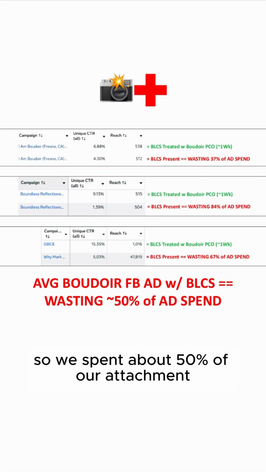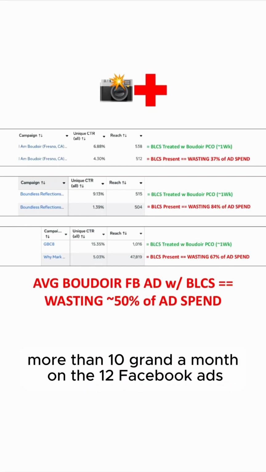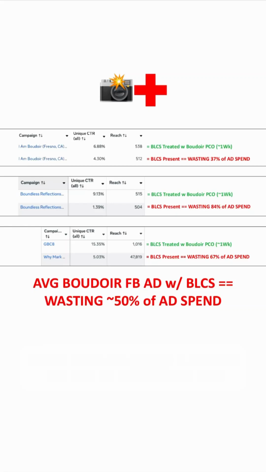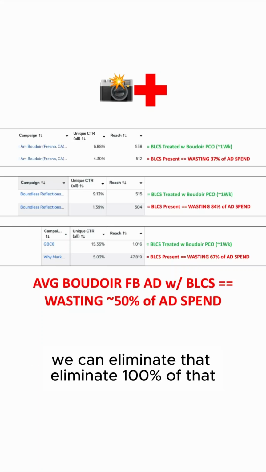So wasting about 50% of its ad spend, that means if you're spending more than 10 grand a month on boudoir Facebook ads, then literally 5K is being wasted every single month. We can eliminate that, eliminate 100% of that.